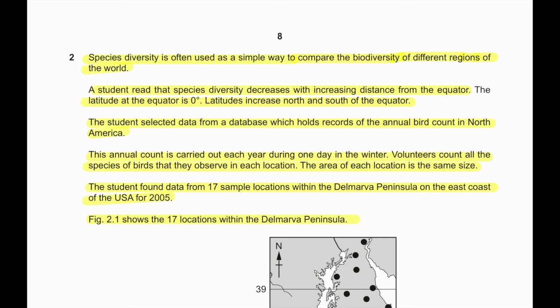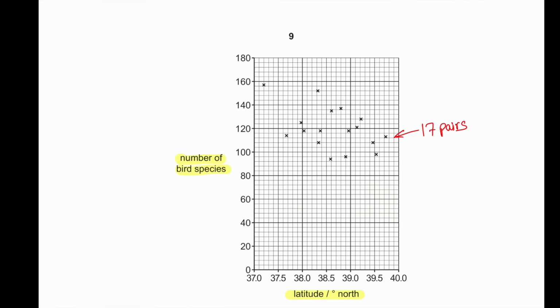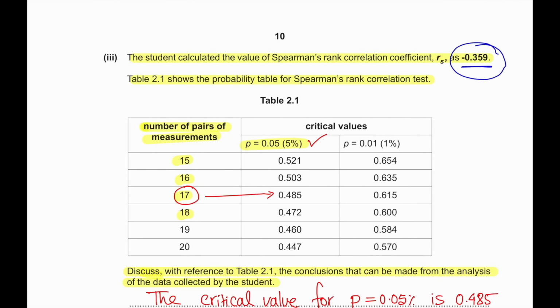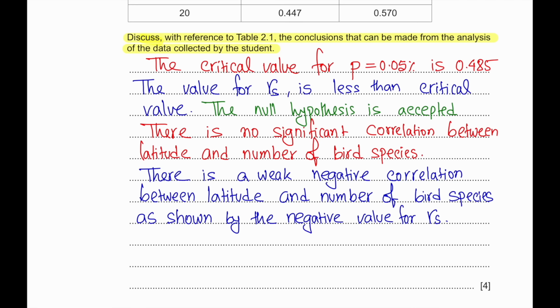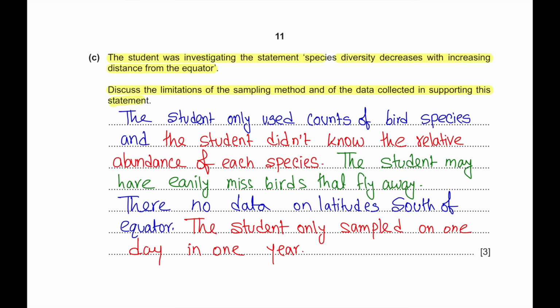First limitation that we can think of is that they have counted only the bird species that they could see. Obviously they did not count the number of individuals, or how many organisms of each particular species were available.